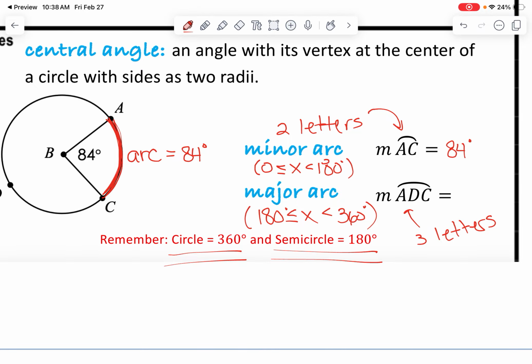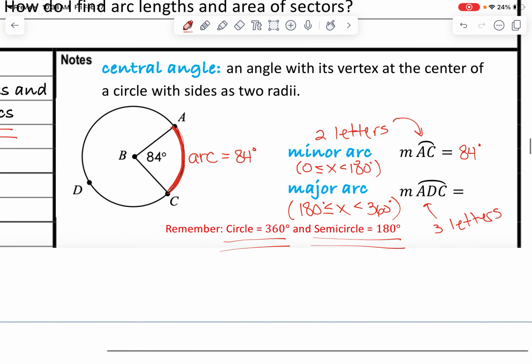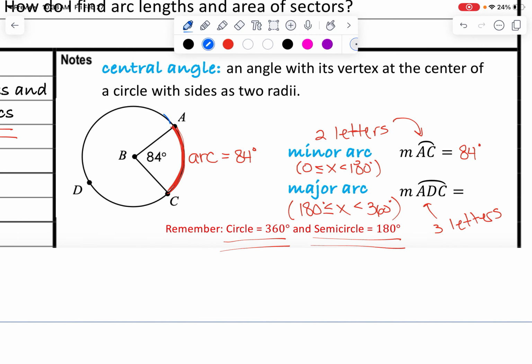Okay. So this major arc, let's do this in a different color. That would be this distance around, ADC would be that arc right there. So we want to know what that is. Well, we know that a circle is 360 degrees. So if I take 360 minus 84, that'll give me what's left over.